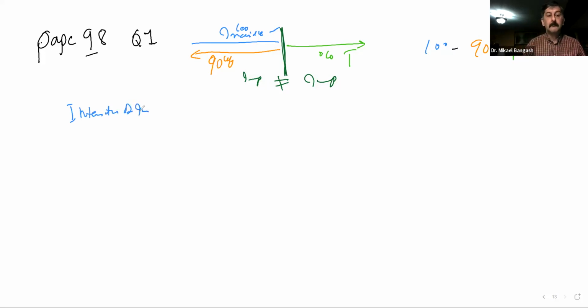But from any number, you could calculate the intensity of your reflection and the intensity of your transmission.